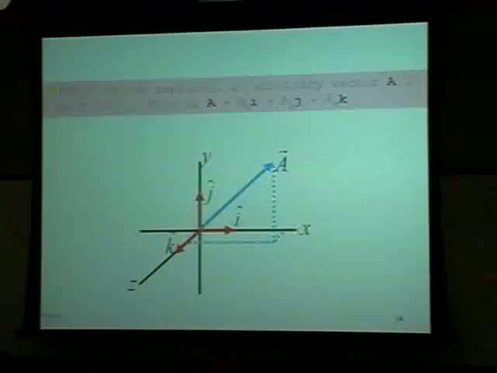Those vectors added tip to tail would give me my vector A. I could write it as A sub x times i plus A sub y times j plus A sub z times k. Scalars times these unit vectors give me component vectors for that vector.